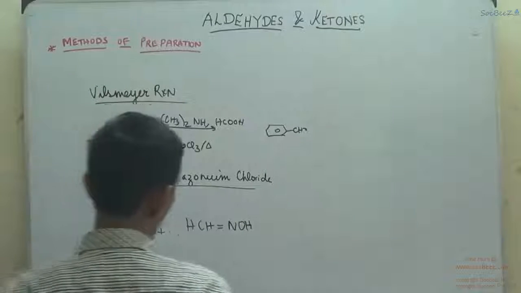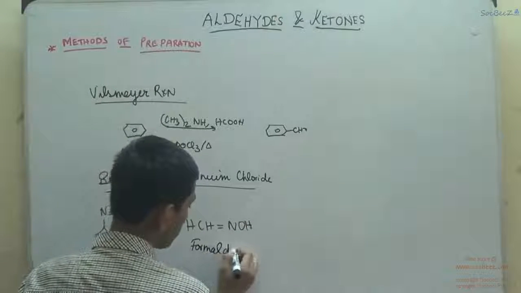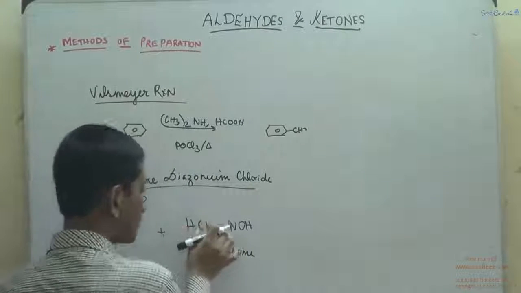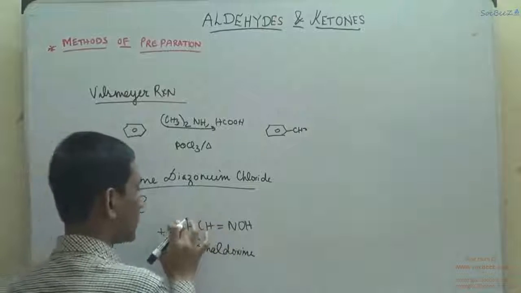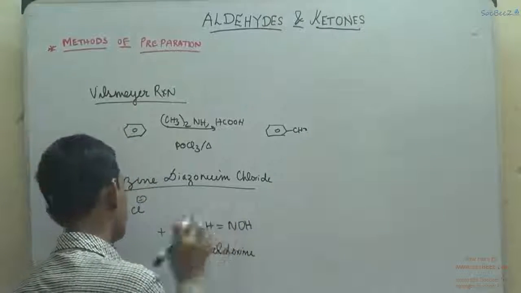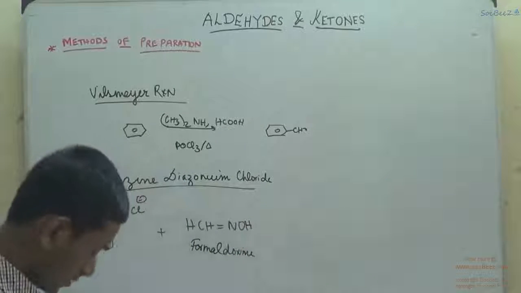Okay, so this is an oxime. What oxime is it? It is formaldehyde oxime, because it's a derivative of formic acid or formyl. See, HCOOH is formic acid, remember, HCHO is formaldehyde. So oxime of formaldehyde.